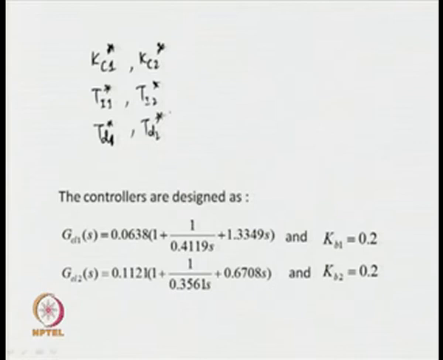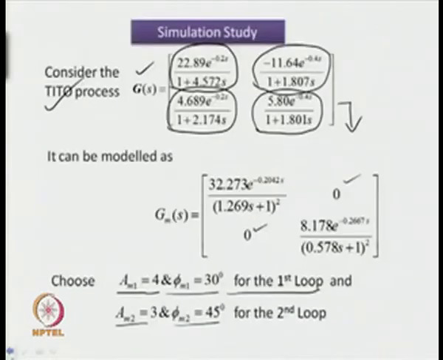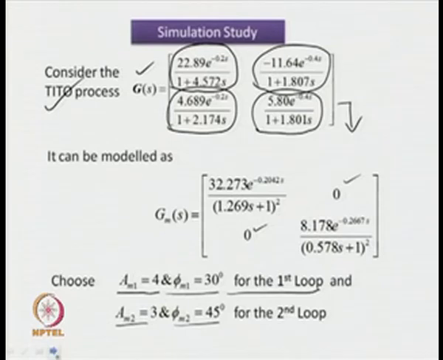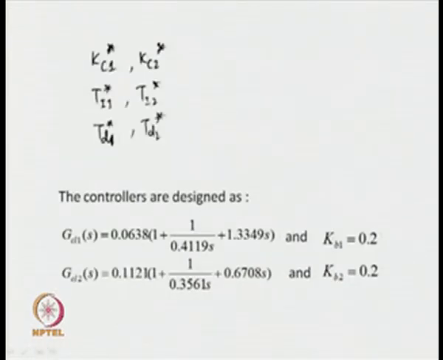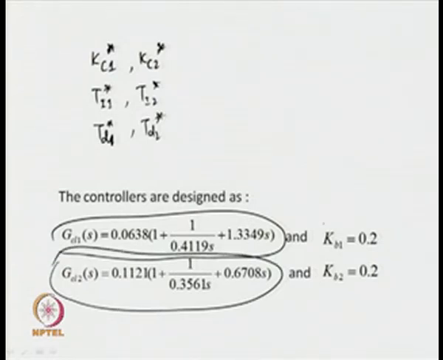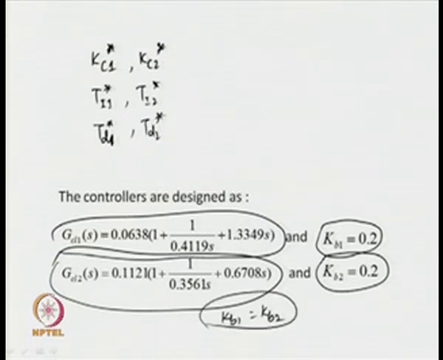Then using the relations we just discussed, the controller parameters of the original controllers are obtained as this and this, of course with the choice of KB1 equal to 0.2 and KB2 equal to 0.2. As we have said, KB1 equal to KB2 enables ease in design.